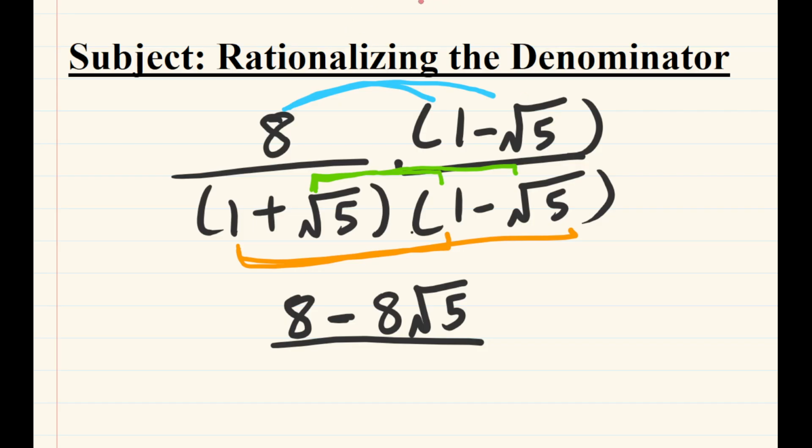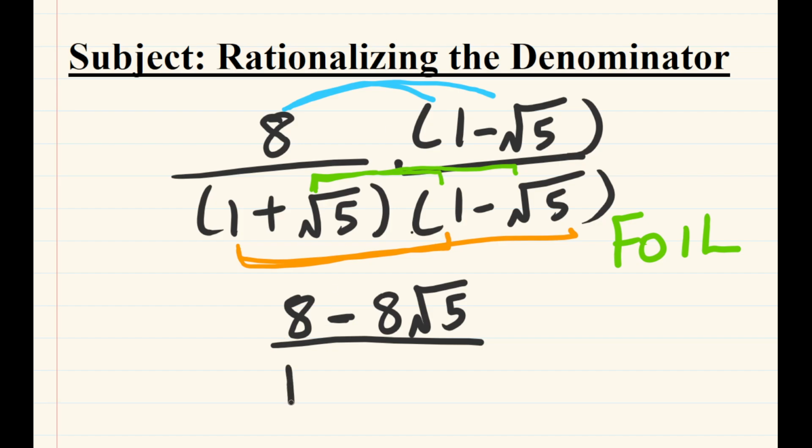I'll explain this more in a later video, but what we're doing here is called FOIL. F-O-I-L, FOIL. And that is how you multiply two binomials. So let's start with the first one, 1 times 1.